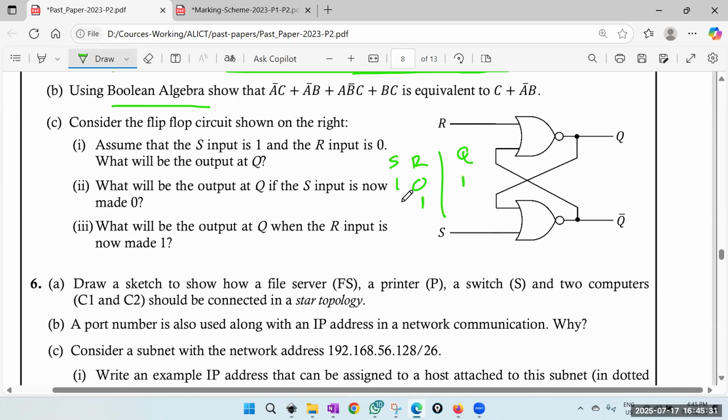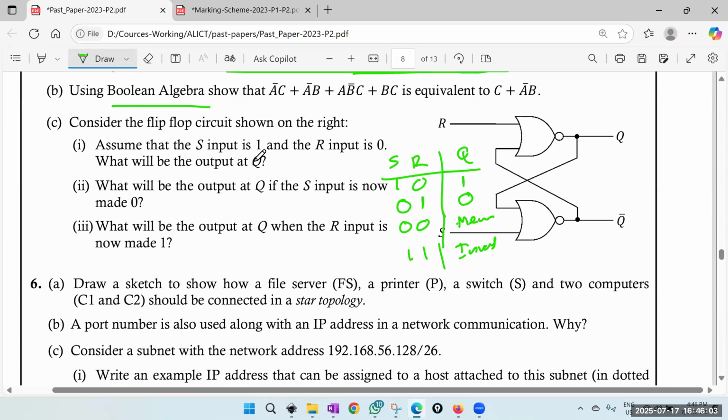Then R is 1 means reset. That is Q is 0, Q dash is 1. Then 0, 0 is memory. Or Q(t+1) is Q(t), memory. And 1, 1 is an invalid scenario. So that you should not set, because it results in both 1 or both 0. Right. So you need to remember this.